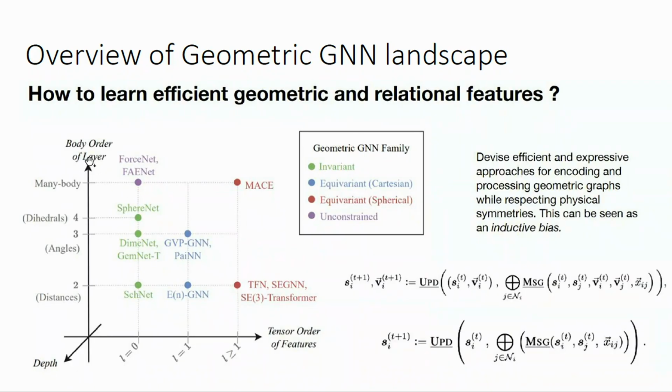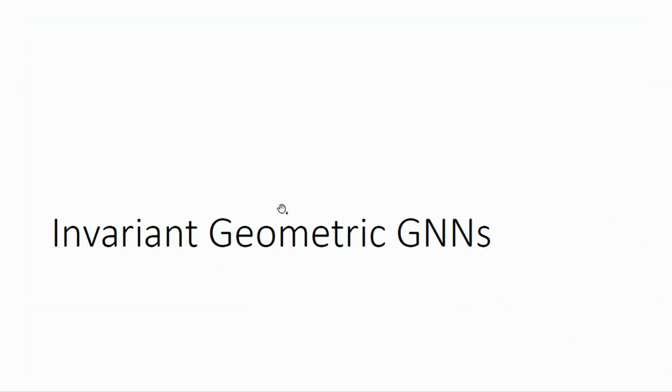Particularly if you deal with the L0 tensor, which is almost like a scalar thing, which is why it's invariant. There are also different levels of information that you can consider when you come up with this scalarization. So let me see if I have that plot here.